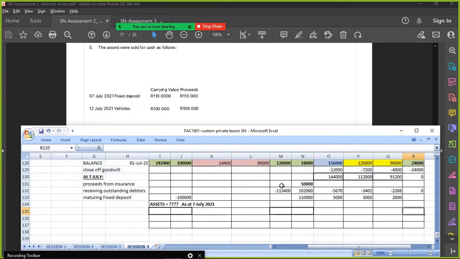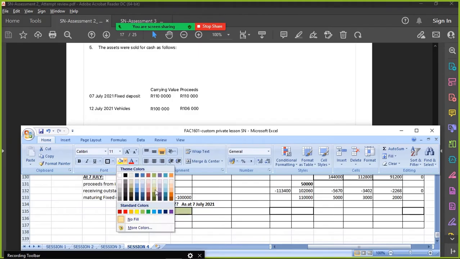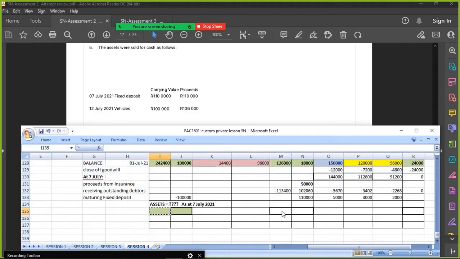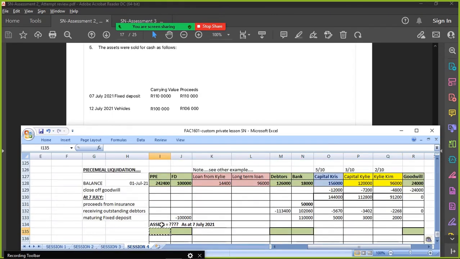So if I'm looking at assets only, I'm only going to be focusing on everything in green. PPE stays at that. The fixed deposit is 0 now. The debtors would be this minus that.